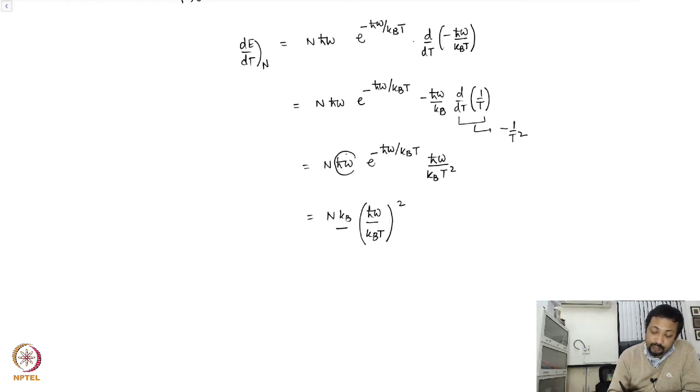So there is one factor of h bar omega, one factor of h bar omega, that gives me this, and I have multiplied by kB and divided by kB, and this gives me kB times e to the power minus h bar omega over kBT. So this is going to be your specific heat.